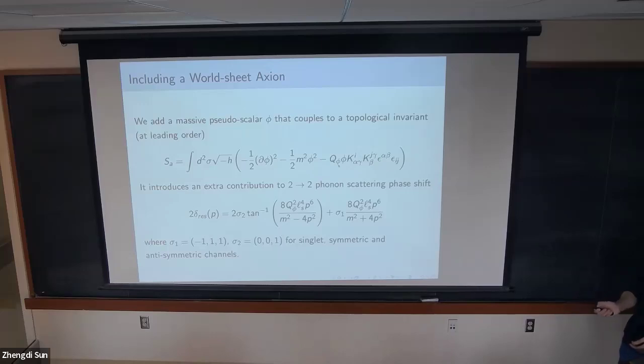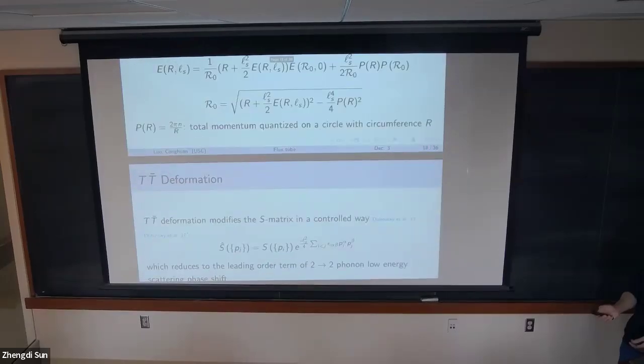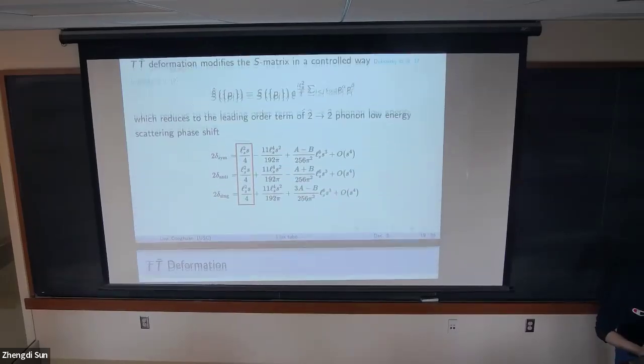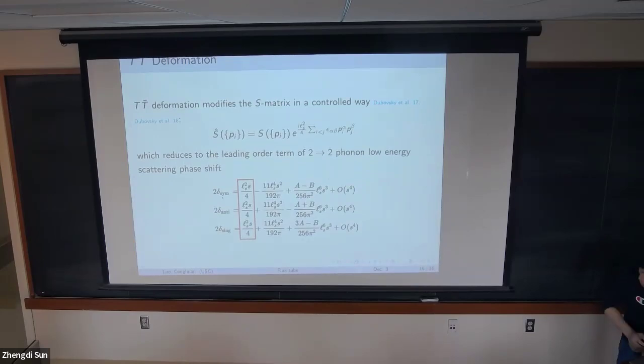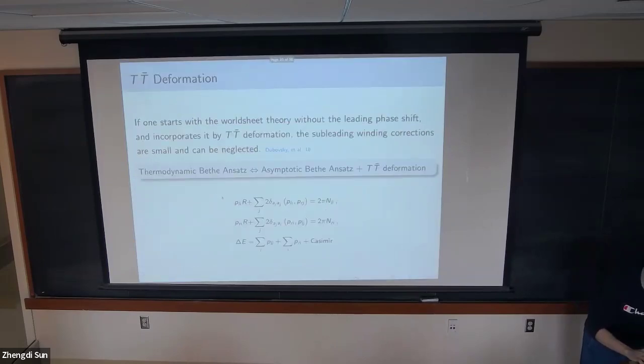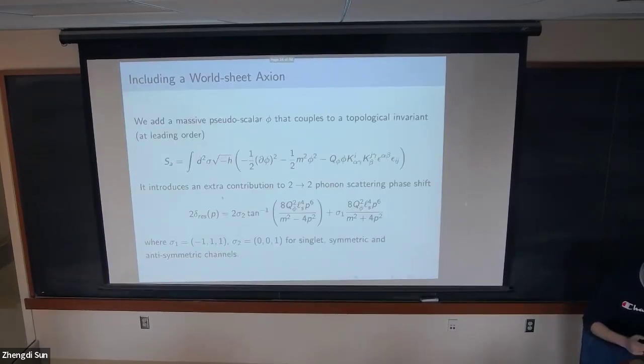And this introduction to the action actually introduces an extra contribution to the 2-to-2 phonon scattering phase shift. So these are the corrections to the phase shift I showed before. This is the phase shift without the introduction of the massive mode. And after introducing such a massive mode, we will have corrections to this phase shift, which is given by this form, where I use the compact form to label all three channels using sigma 1 and sigma 2.